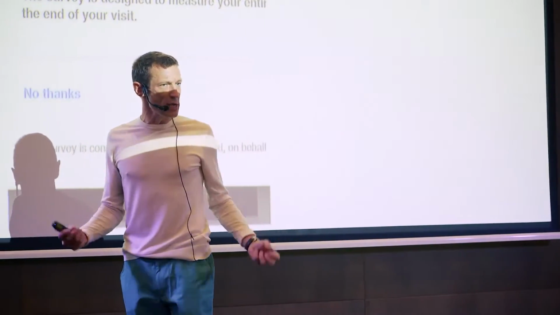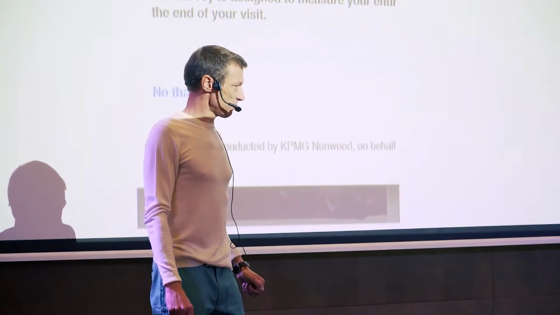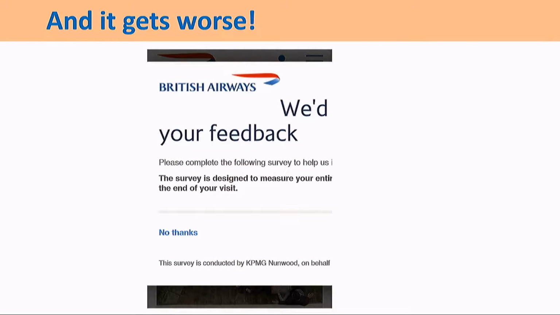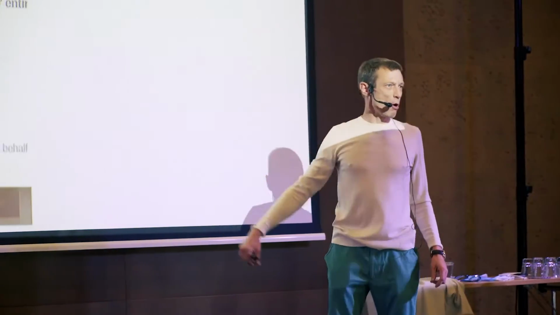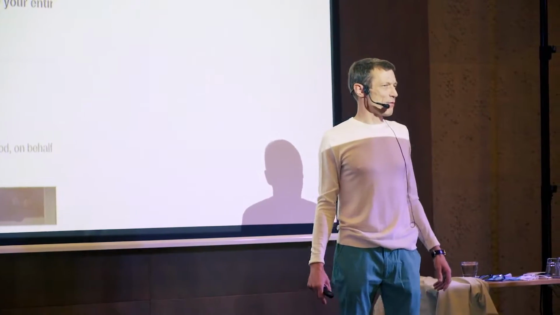I'm so angry now, I leave. So here's a pop-up asking me for some feedback. Oh, we'd like some feedback. Yeah, can you give us some feedback? And I'm trying to work out what this line of copy is. We'd something your feedback.